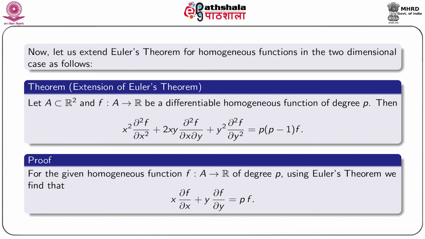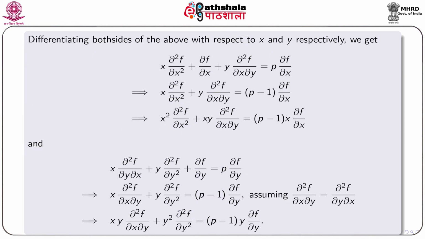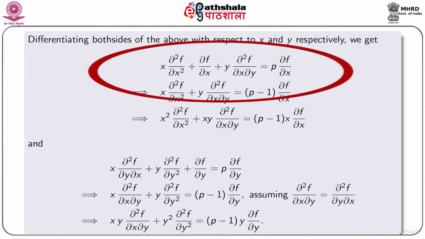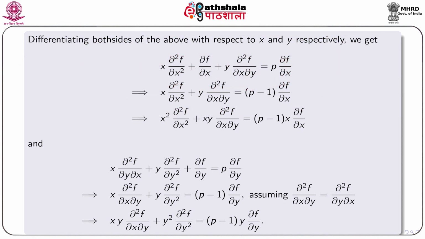Let us prove it. For the given homogeneous function f of degree p, if we use Euler's theorem, we find that x ∂f/∂x plus y ∂f/∂y is p f. If we differentiate both sides with respect to x and y respectively, we find the following two: x^2 ∂²f/∂x² plus xy ∂²f/∂x∂y equals (p minus 1) times x ∂f/∂x, and xy ∂²f/∂x∂y plus y^2 ∂²f/∂y² equals (p minus 1) times y ∂f/∂y.